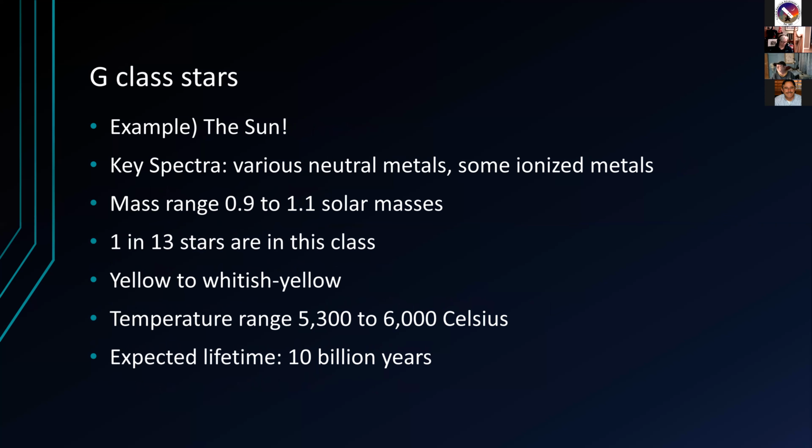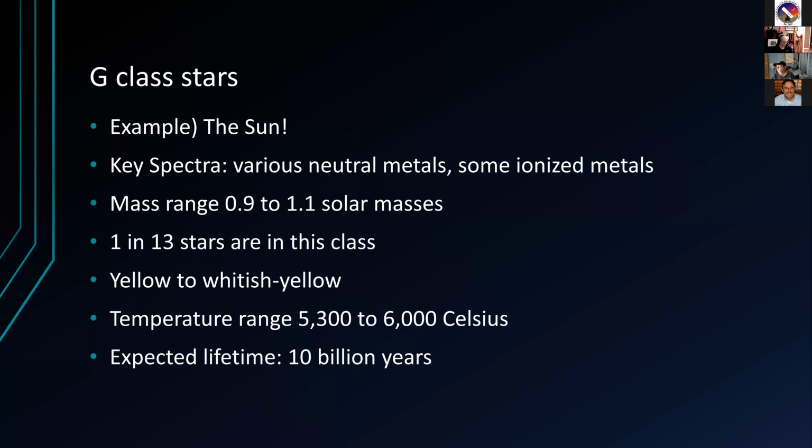From there, we move on to G-class stars, which is the star class that the sun is a member of. Its spectra includes various metals, including both neutral versions and ionized versions within the spectrum. They have a mass range of about 0.9 to 1.1 solar masses.